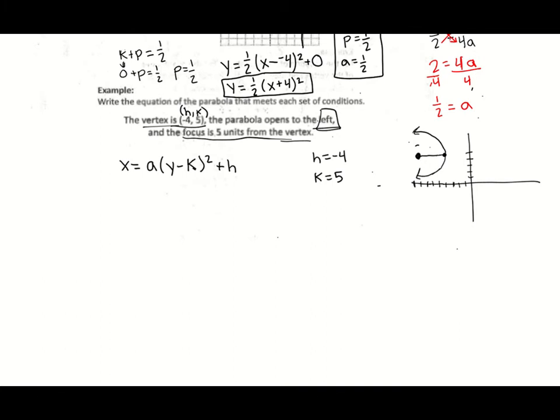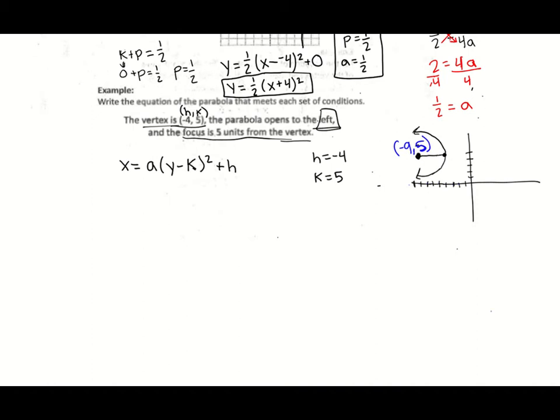And this point is at 1, 2, 3, 4, 5, 6, 7, 8, 9, comma, 5. -9, comma, 5. So that is how I can find my focus.